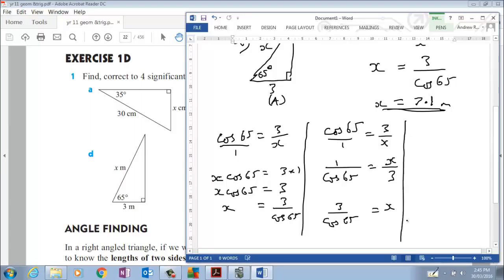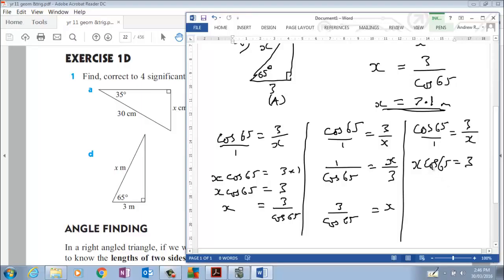Another way of doing it would be to start off again with this. Cos 65 on 1 equals 3 over x. This time we are going to times by x because we're dividing by x at the moment, and so we get x cos 65 equals 3.